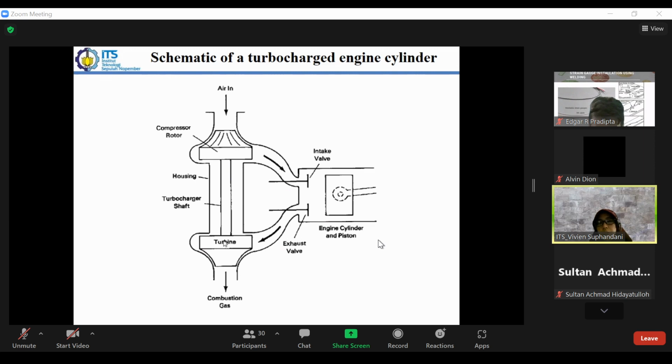We can use that to drive the turbine, and this turbine will drive the compressor, further increasing the air flowing into the cylinder. So this is for an engine with turbocharger.